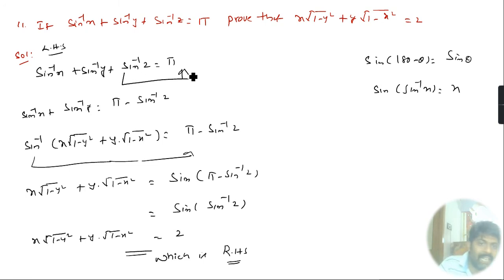So the third term will be converted into the right side of this equation. Then we get pi minus sin inverse z, and we apply the formula sin inverse of x into root of 1 minus y square plus y into root of 1 minus x square, and we simplify. Finally we get x into root of 1 minus y square plus y into root of 1 minus x square is equal to z.